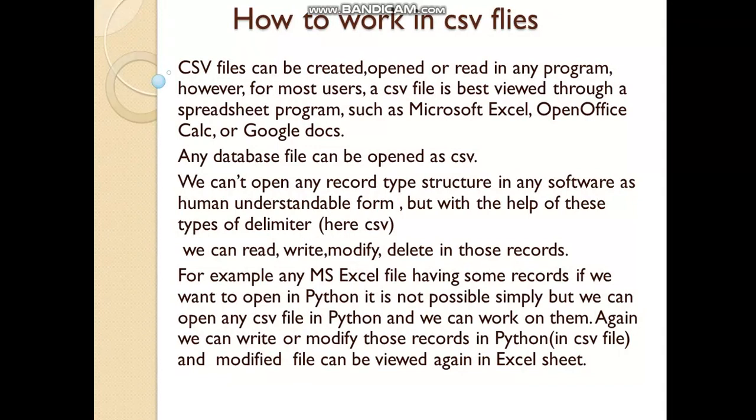So in any Excel sheet, if you save it as .csv, in this simple way you can generate a CSV file. In other software also you can create, read and write CSV files. So in this video we are going to discuss how Python deals with CSV files.